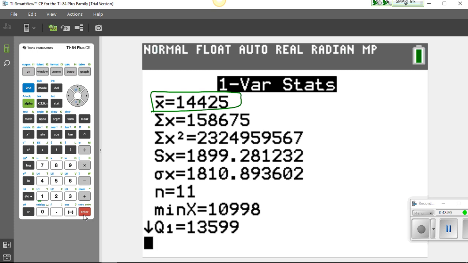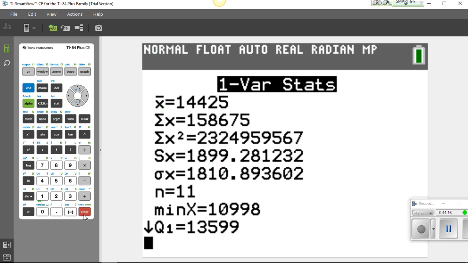That means the average price of one of these 11 Honda CRVs from the years 2002-2006 is $14,425. Are you with me? What does that vary by? About $1,900, roughly $1,900. Do you guys see that? Okay, that's what those are talking about.